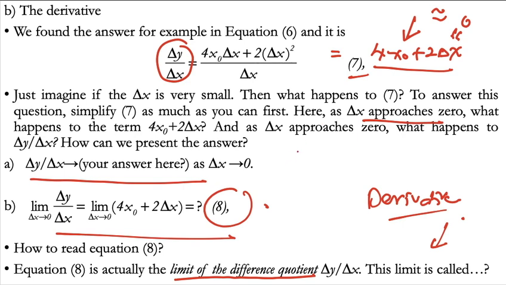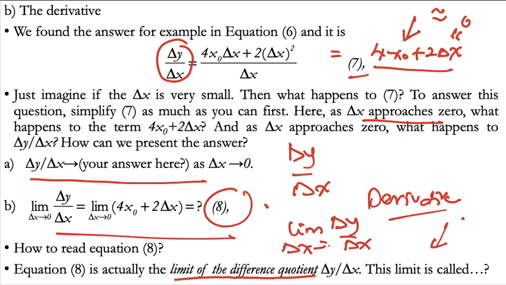So what does it mean here, class? If change in y over change in x is the difference quotient, but if you put the limit of change in y over change in x as change in x approaches 0, this is the derivative. So these two, A and B, are not the same thing, isn't it? A is the difference quotient, B is the limit of the difference quotient, or the derivative.